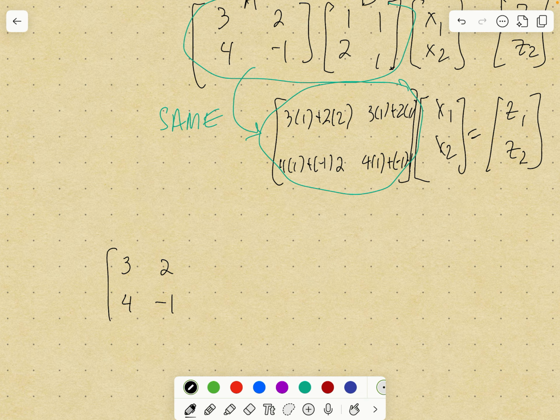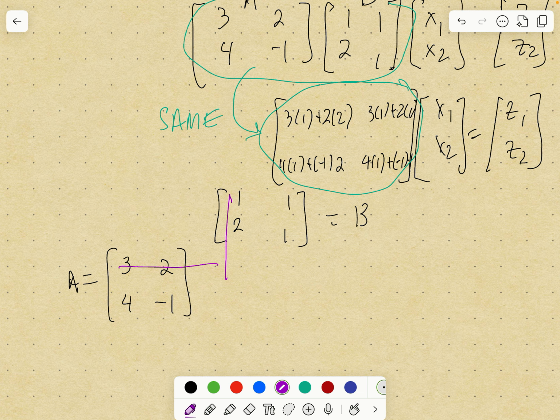Here's A, and then you take your matrix B like this, and then you take dot products to calculate the entries of AB.